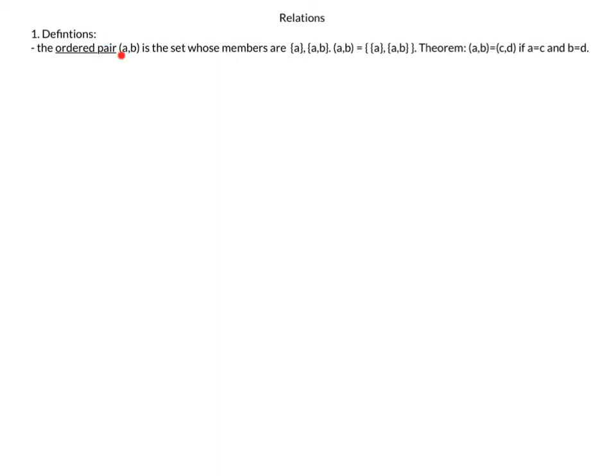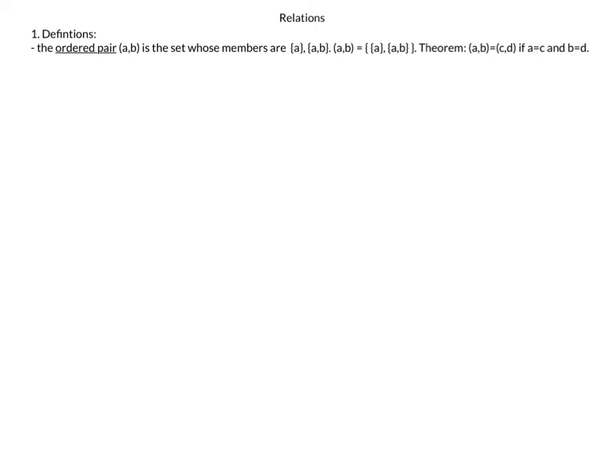We start with the definition of an ordered pair, and it is totally consistent with what you know of ordered pairs from algebra and graphing, like when you graph the ordered pair (x, y). The ordered pair is a set whose members are some element a, which corresponds to the first element of your ordered pair, and the set {a, b}, which corresponds to the second element of your ordered pair.